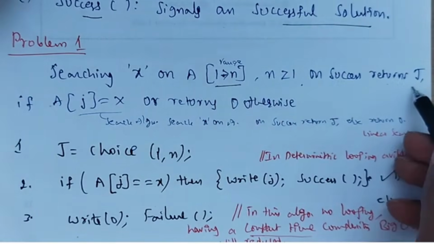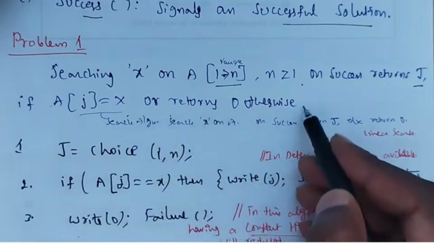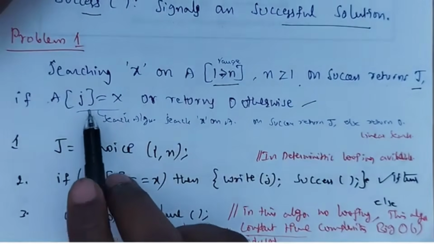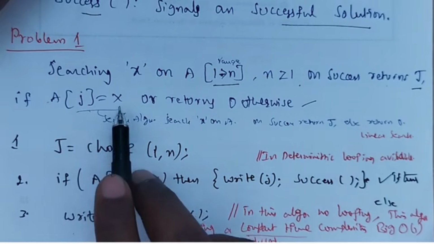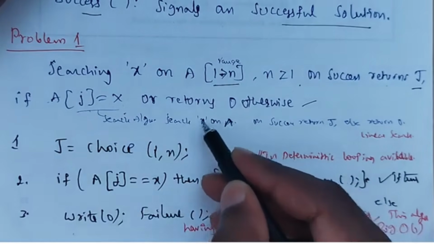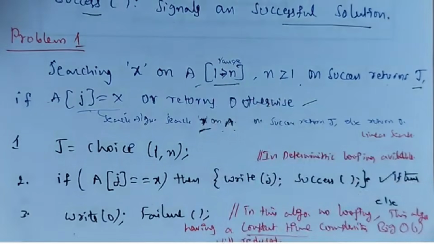On success it returns j if A of j equals x, or returns 0 otherwise. We are searching for x in the array A. On success it returns j, else it returns 0.